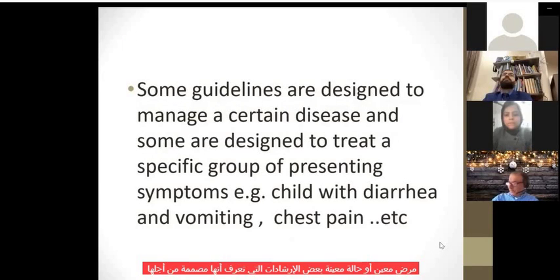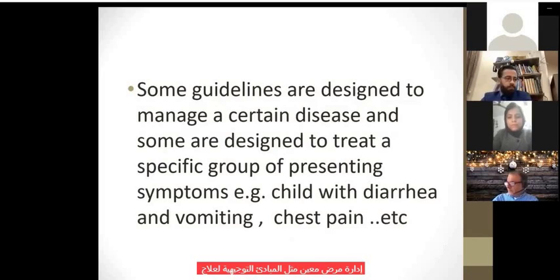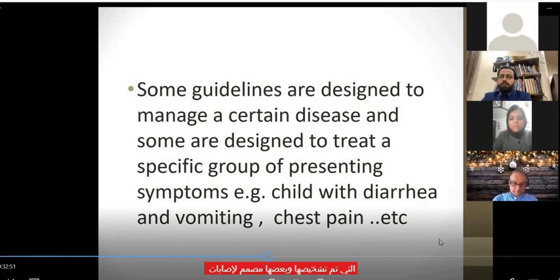Some guidelines are designed to manage certain diseases, like the guidelines for treatment of diabetes or hypertension or any vascular or surgical or medical diseases which are diagnosed. And some are designed for casualties, for treatment of a specific group of presenting symptoms, like children with diarrhea or with dyspnea, chest pain, etc.